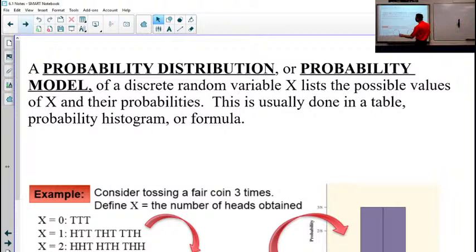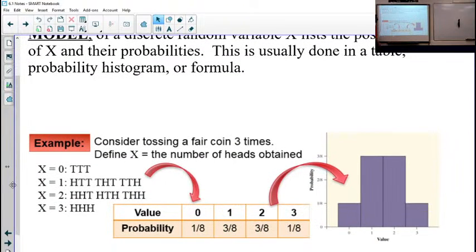Well, if you list off the number of different ways I can get it, you'll find that these are the probabilities. Because of the 8 different series of flips of the coin that I could have, the only way to get no heads is to get all tails. Tails, tails, tails. So that's the one way that it can happen.